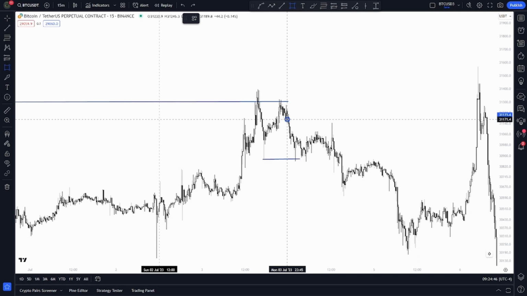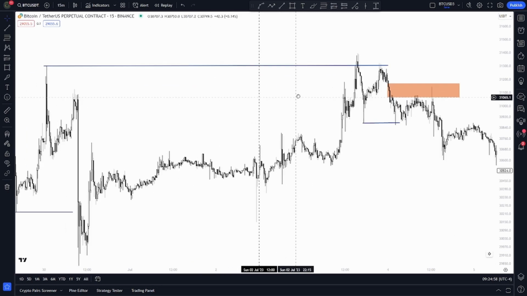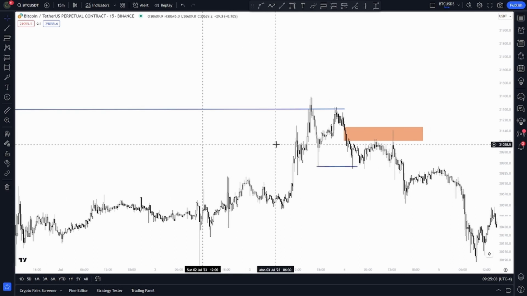As you see, there's a liquidity void. If you consider this a market structure break, because it is, you may ask why. Maybe some of you don't know, but the candles are important if you are looking for market structure.